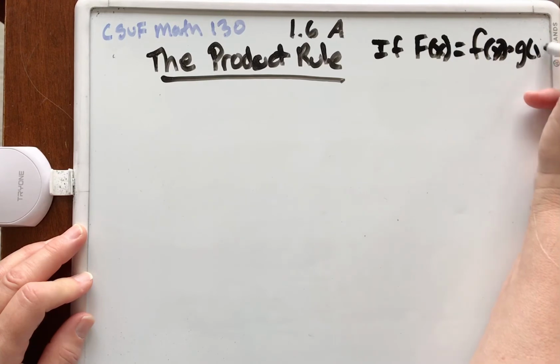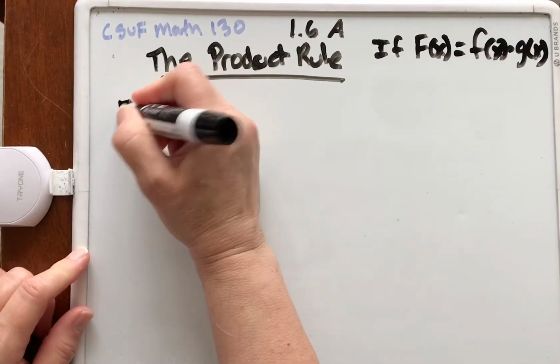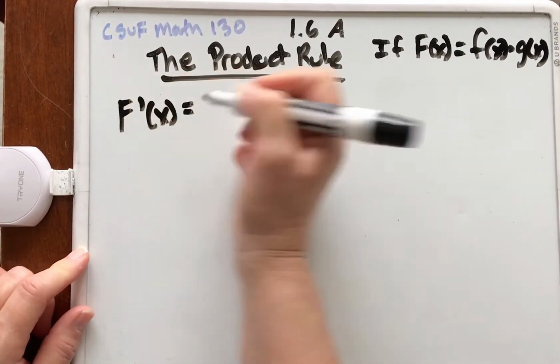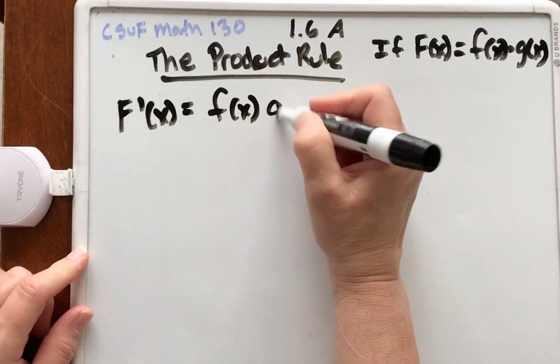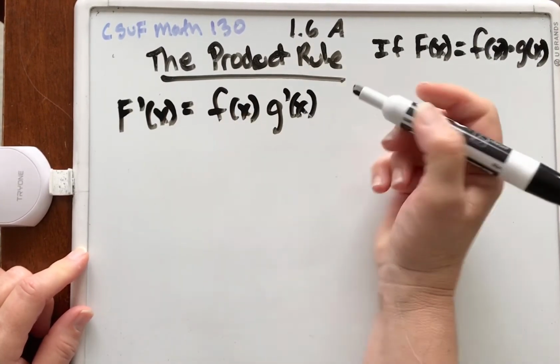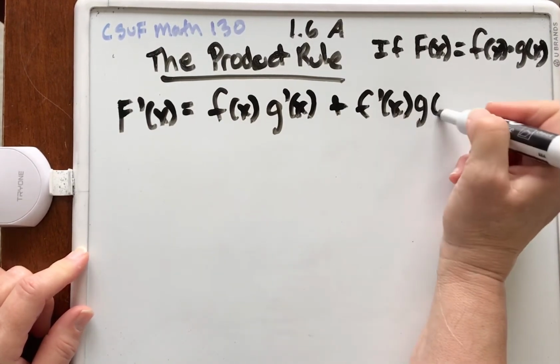If F of x equals f of x times g of x, then F prime of x equals f of x times g prime of x plus f prime of x times g of x.